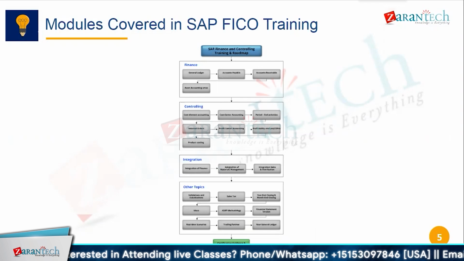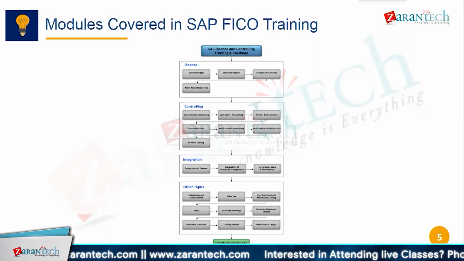So in finance, SAP has general ledger, accounts payable, accounts receivable, and asset accounting. These are the modules we'll be covering. There will be other finance modules like treasury management and real estate management, which will not be part of this course. But it is very much the same as how departments are broken up in real life, in business.